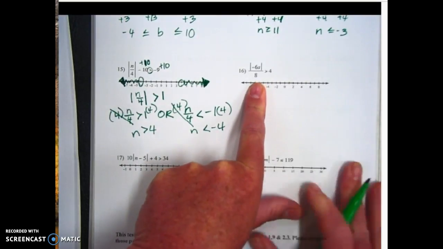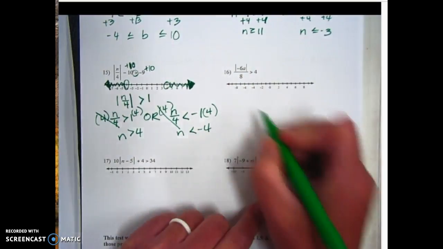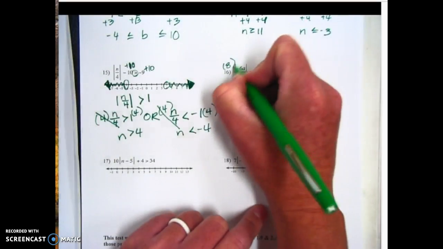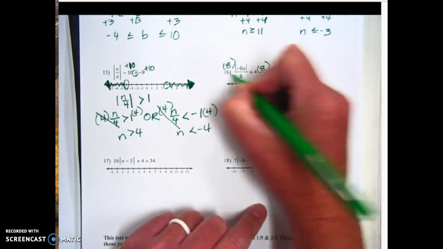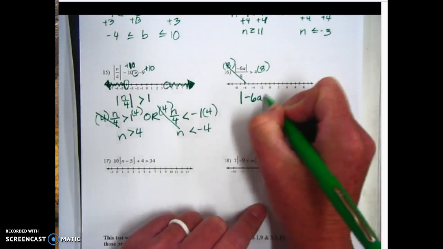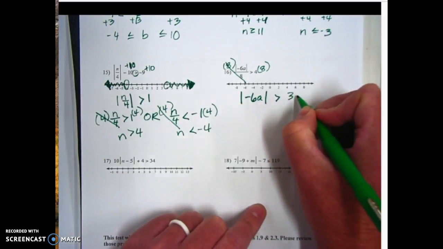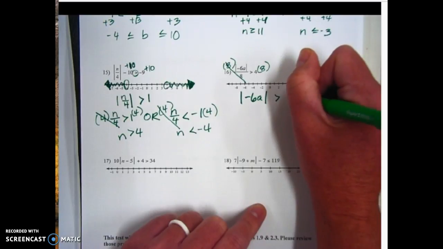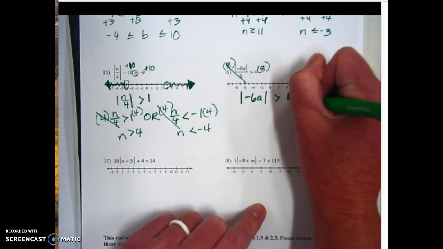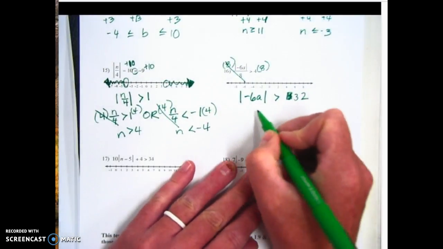Number 16, the absolute value is being divided by 8. So I'm going to multiply both sides by 8 first, so it's isolated. And we have the absolute value of -6a greater than 4 times 8 is 32.